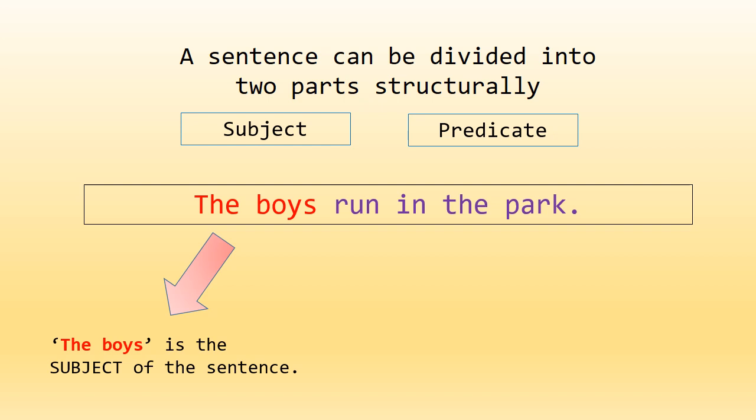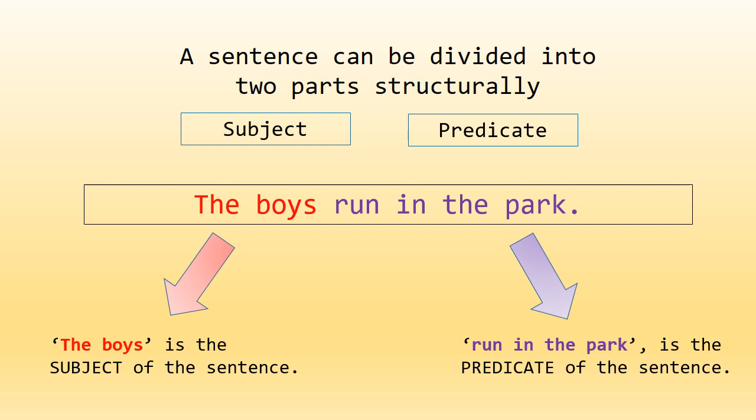Obviously, when we are talking about the subject, that is the main part of the sentence, the other part which says something about the subject is called the predicate of the sentence. So I hope you are all clear with the two parts of the sentence, and it is all structurally explained to you. Let's move forward.